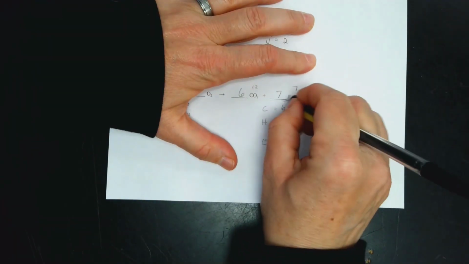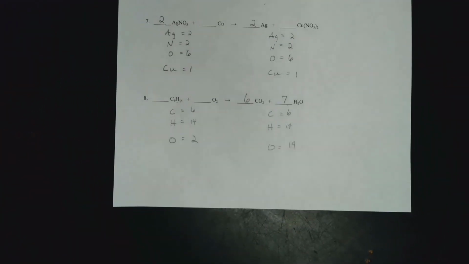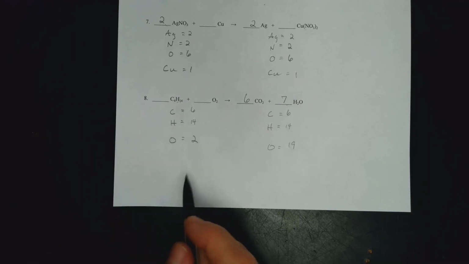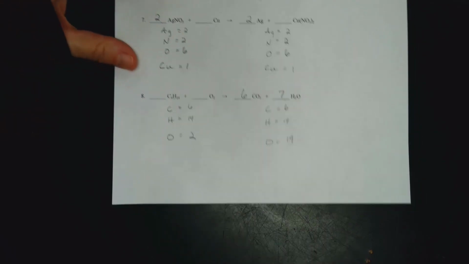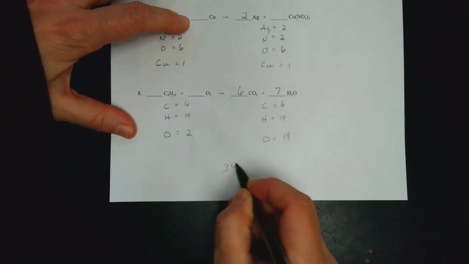So let's talk about how to deal with this. So now what we're doing is we are getting into the territory, for me at least, where it gets a little harder to figure out what to do. I've got my carbons balanced, I've got this balanced, but I don't have this balanced. And what I have to ask myself is this: is there a number that 2 and 19 have in common? And the only one that comes to mind right away is the number 38.